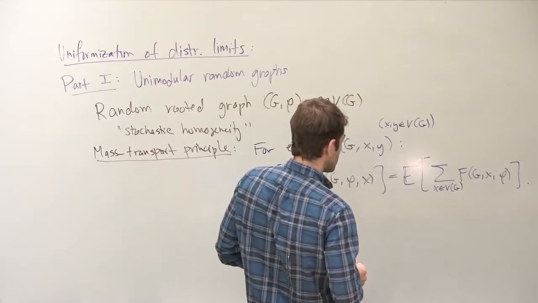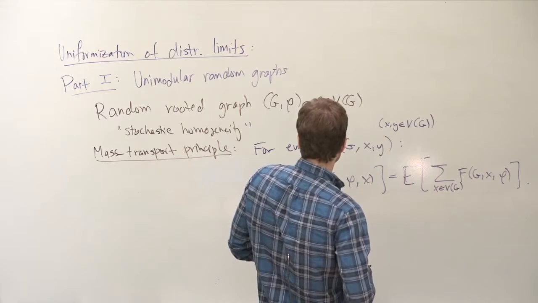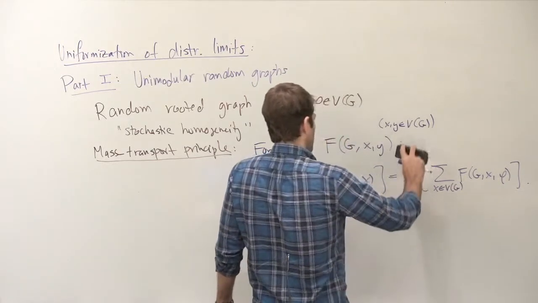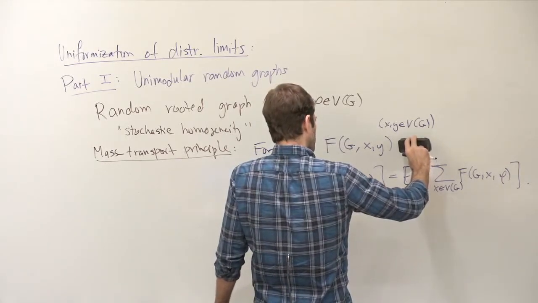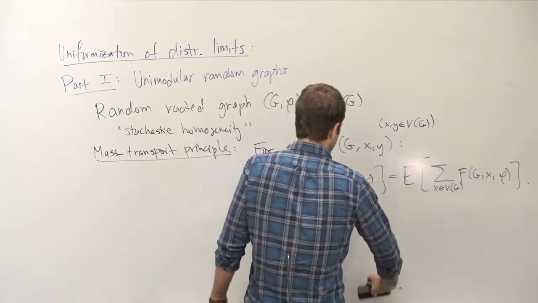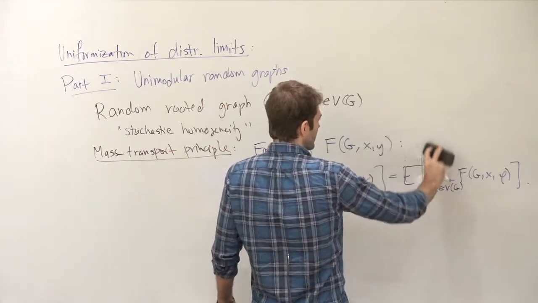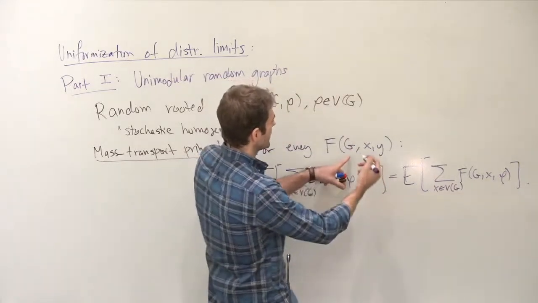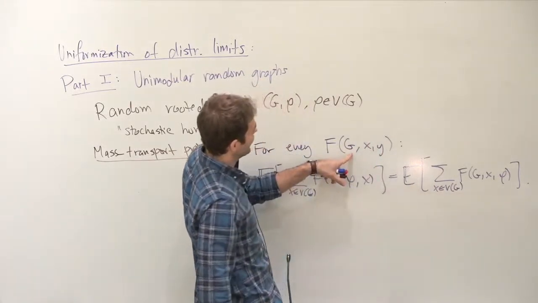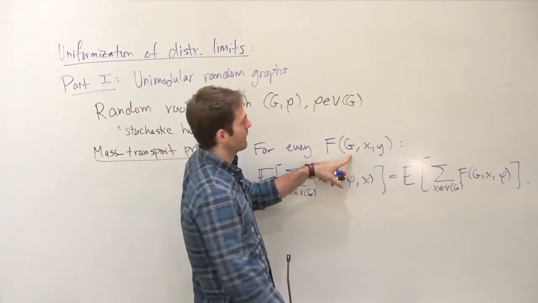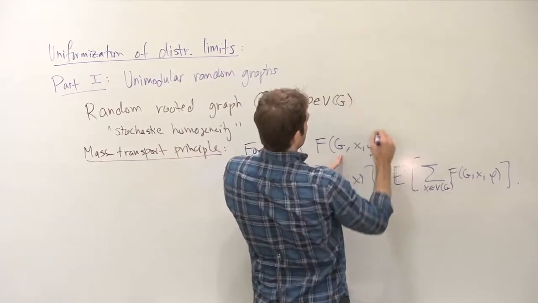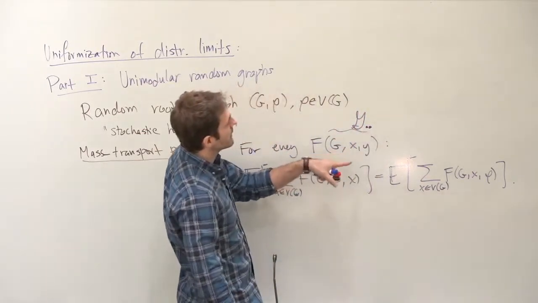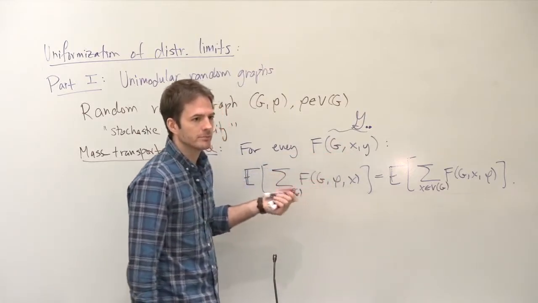Say it again? F is diagonally invariant under isomorphisms. Okay, I'll answer the question as if Russ was wrong, but yeah. The question is, what is the domain of F? The domain of F here is the class of doubly rooted graphs up to isomorphism.